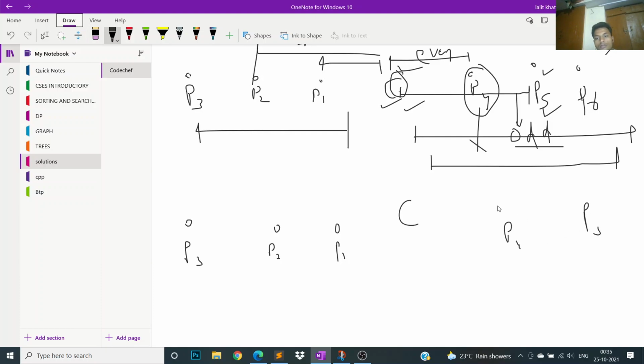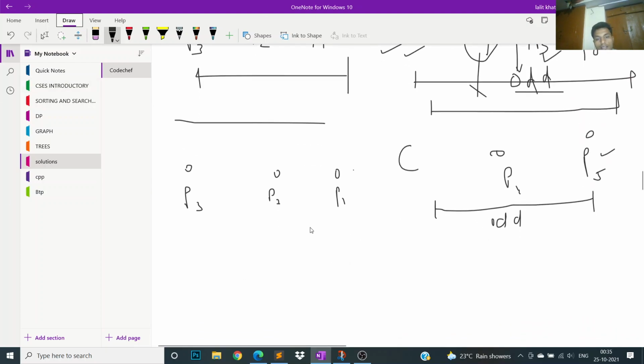So you may think that this distance is odd, so this police officer will eliminate. Why will this one also be eliminated? I will not take one side, I will take both sides, because chef has to eliminate the maximum police officers.